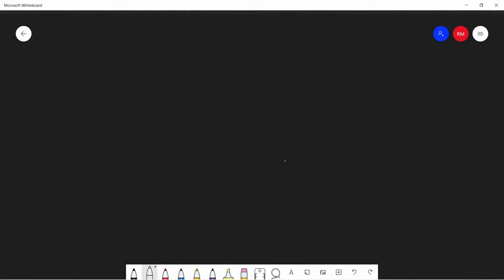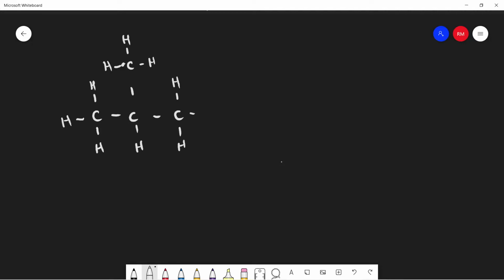Now, say we have a methyl group here instead. So we have 2-methyl propane. How might we draw this in structural formula, do you think?